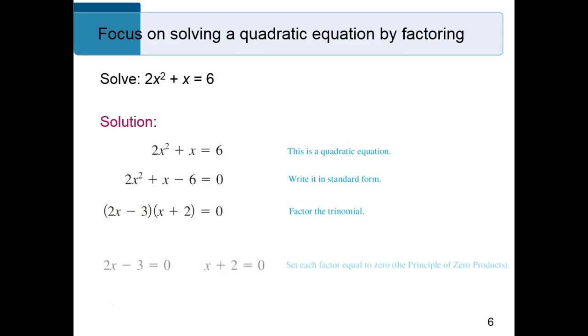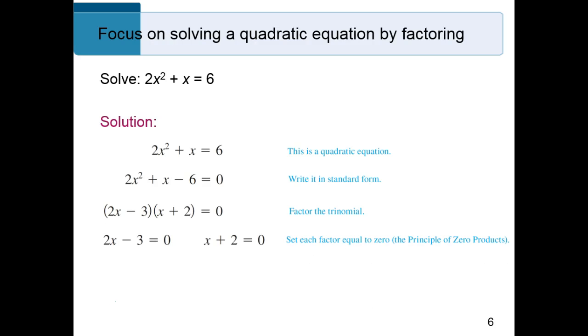Okay? Then they set each equation equal to 0, the zero product principle, or principle of zero products, and then solved each one of those linear equations for x, and that gave them x equals 3/2 or -2. Okay? Everybody got that? Any questions on it? If you do, ask. I mean, not all of you were here last time.